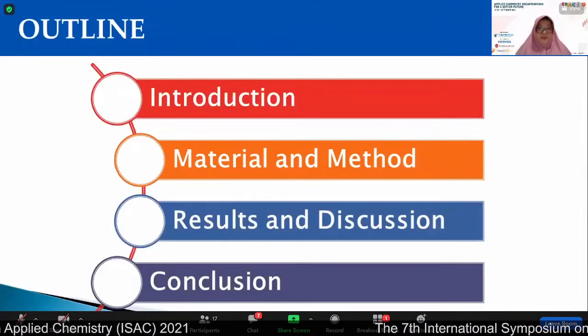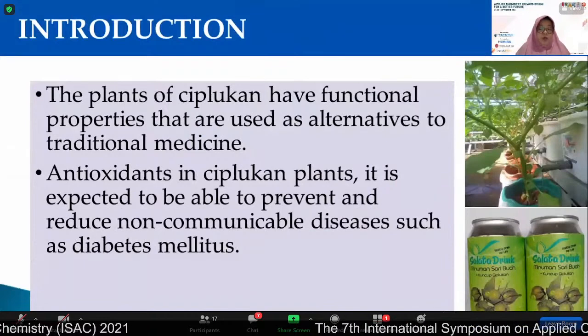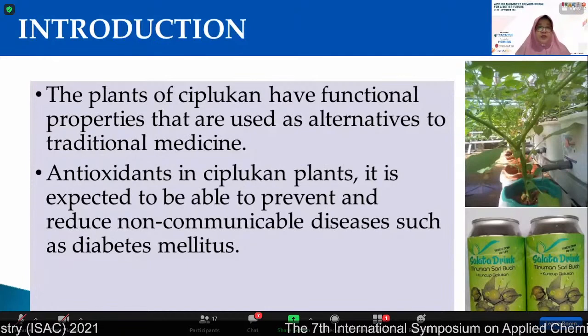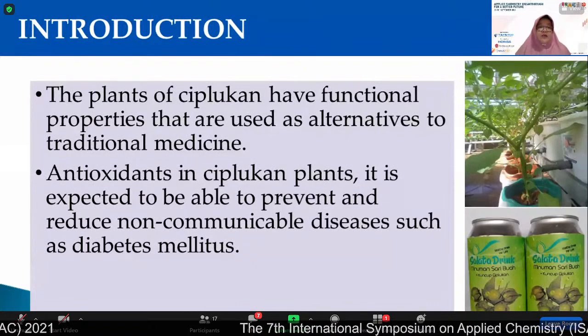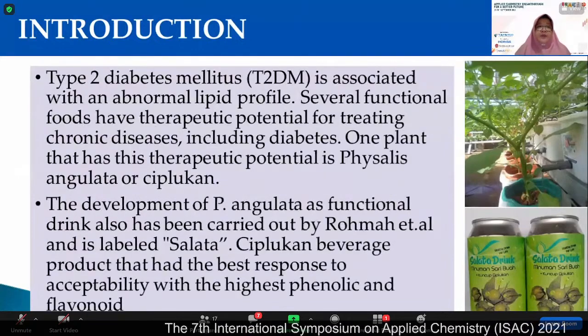Ladies and gentlemen, here is the outline of my presentation today. Firstly, I would like to explain the background of my research. The Ciplukan plant has functional properties and is used as an alternative traditional medicine. The antioxidants in Ciplukan are expected to prevent and reduce non-communicable diseases such as diabetes mellitus.